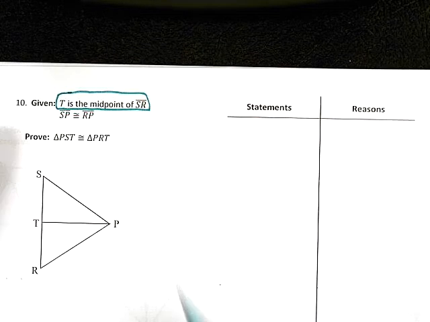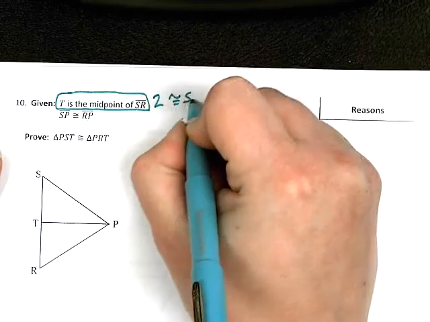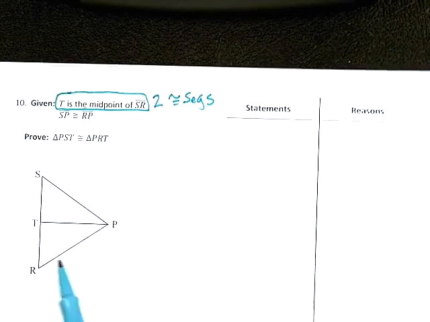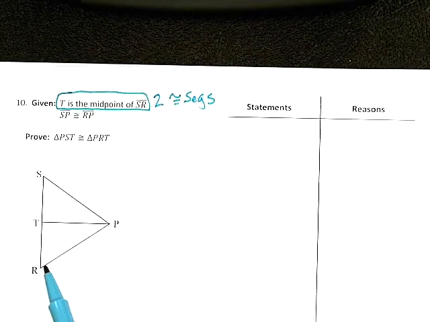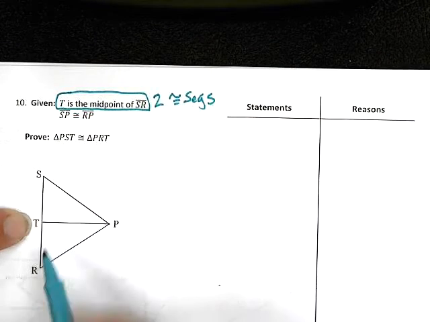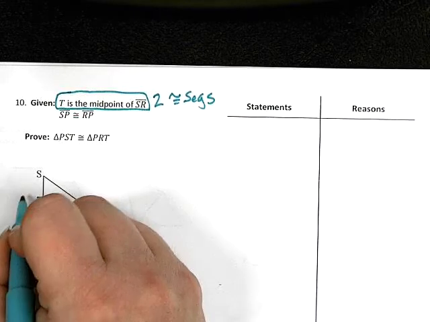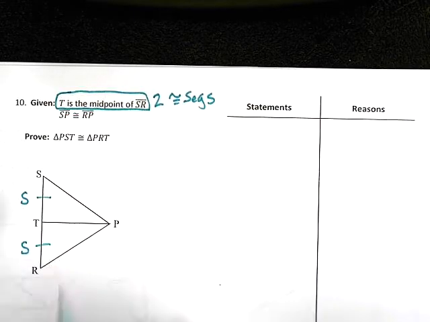Midpoint means I get two congruent segments, so I want to mark my congruent segments in my picture. T is the midpoint of SR, so that must mean that ST is congruent to RT. So I have one set of congruent sides. So that's cool, right?